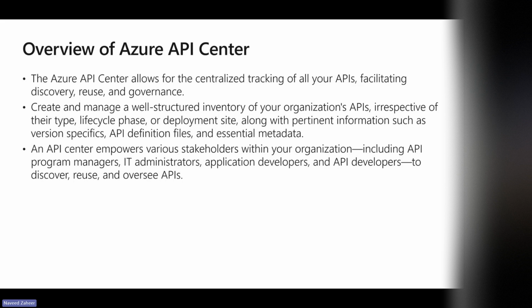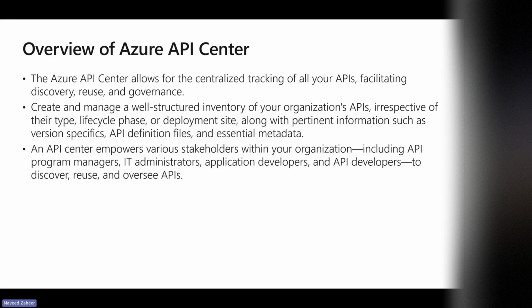API Center can be a one-stop shop, or one single pane of glass, where different stakeholders can come in and look at these APIs for different reasons. For example, your IT managers can come in and look at what different sorts of APIs are there and make sure they are meeting the organization's security and compliance guidelines.